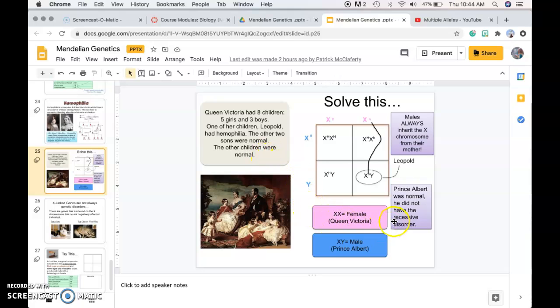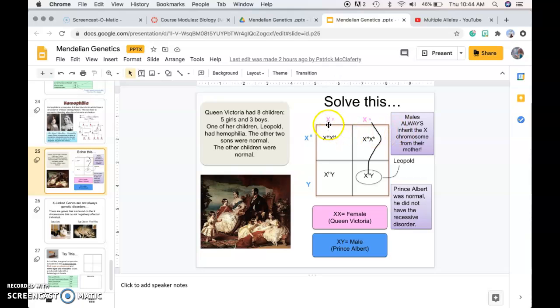So if we were to think about this, what I would do is work backwards. If I know that all the other kids were normal and Leo was not, I would put him down here in this box and he would be XY because he's a male and he has that recessive gene, the little h. Queen Victoria is a female, obviously, and Prince Albert was a male. But remember, she was a carrier.